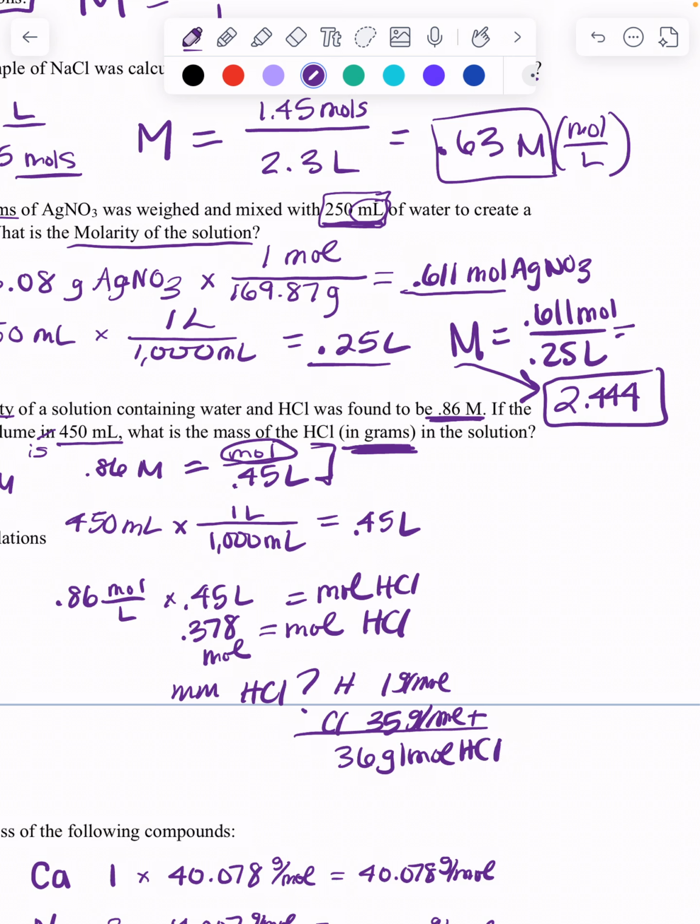So then I just have to put this into action. How do I convert? I'm going to come back up to the top on the right here, and I'm going to go, hey, 0.378 moles of HCl times, I want 1 mole on the top to cancel, and then 36 grams on the bottom.